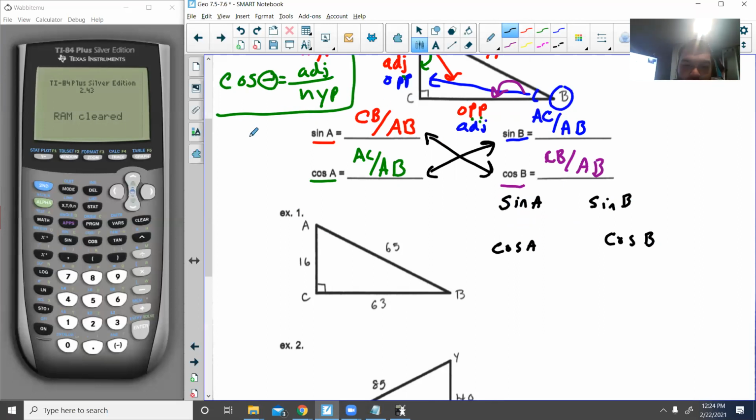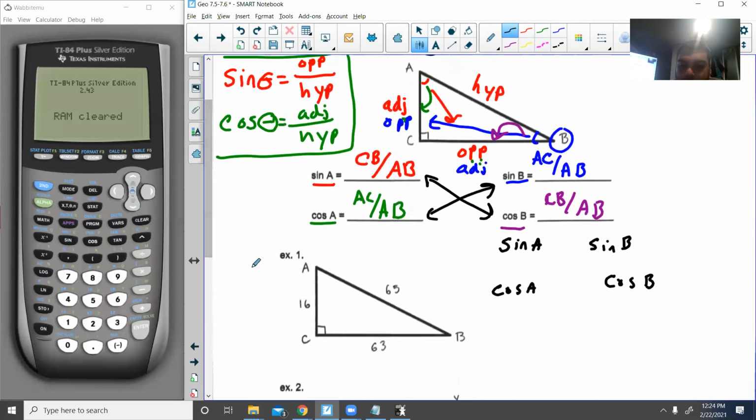Everyone try this one out, and I'll show the picture above if it helps you out. So 15, 20 more seconds. Figure out which ones are your opposites, which ones are your adjacent, which ones are hypotenuse. Big point, hypotenuse never changes.